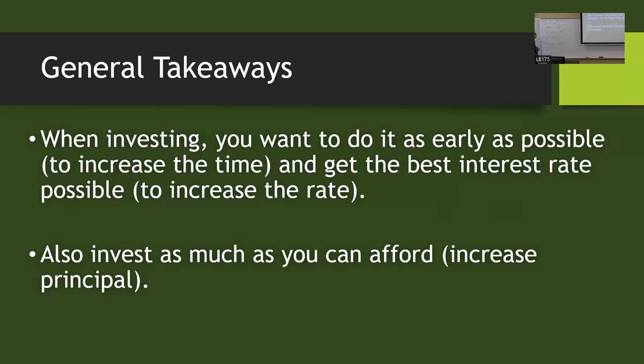And then they'll also often say, we need you to put in as much as you can afford. That's an increase of the principal, P. So all they're doing is saying maximize your principal, maximize your rate, maximize your time as much as possible in that formula.